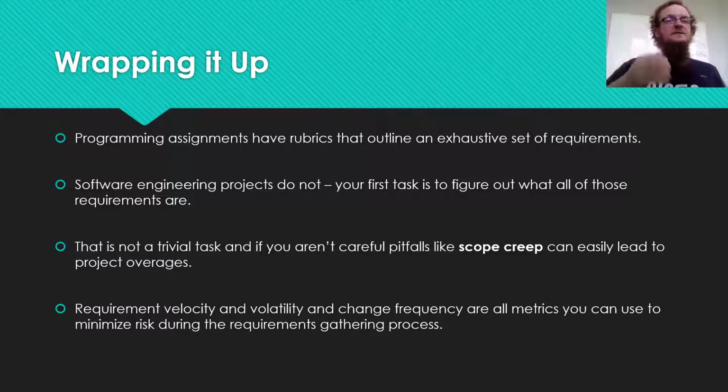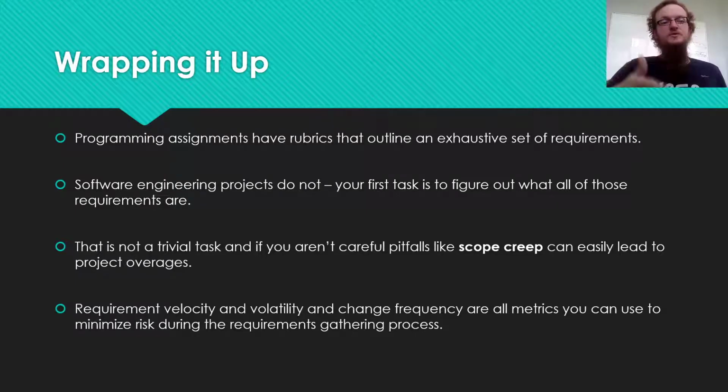And unfortunately, it's the software engineering or the development team's job to figure out what that rubric looks like. And requirements gathering is the process through which you do that. And so it's extremely non-trivial, A, to actually get an understanding of what the requirements are, and B, it's not trivial to manage that process as you go through the project.